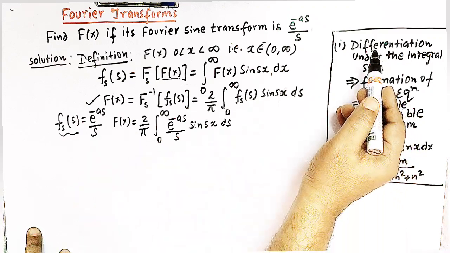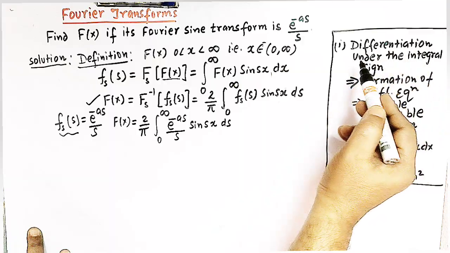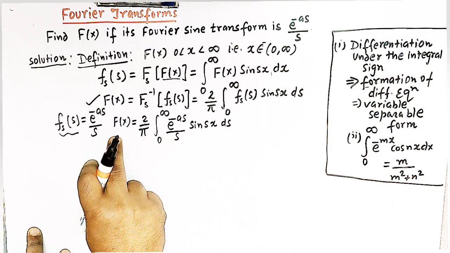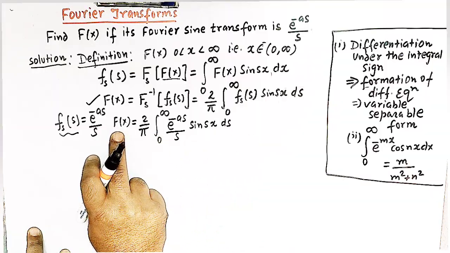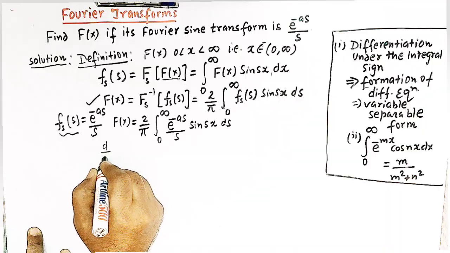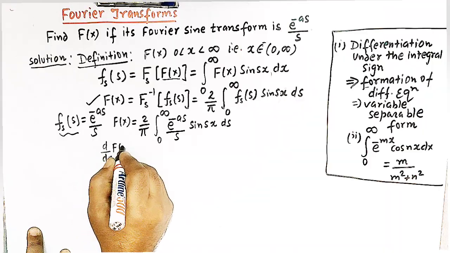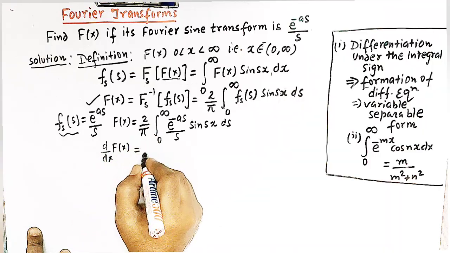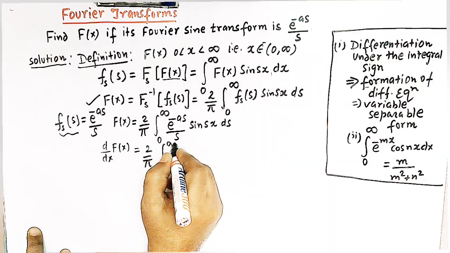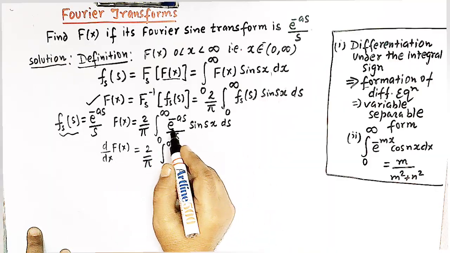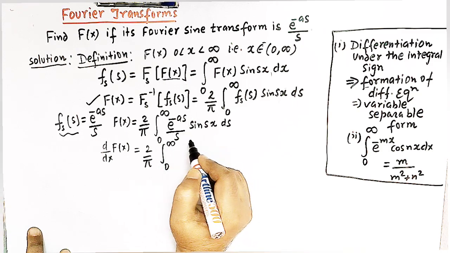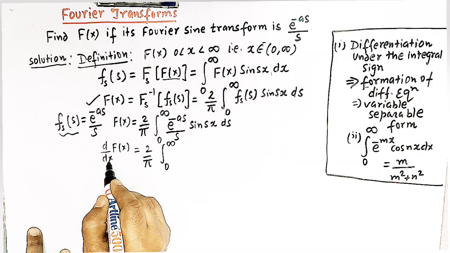Now we'll make use of the concept of differentiation under the integral sign. We'll differentiate both sides with respect to x. So we have d by dx of f of x equal to 2 over pi times the integral from 0 to infinity, where we differentiate the function with respect to x.